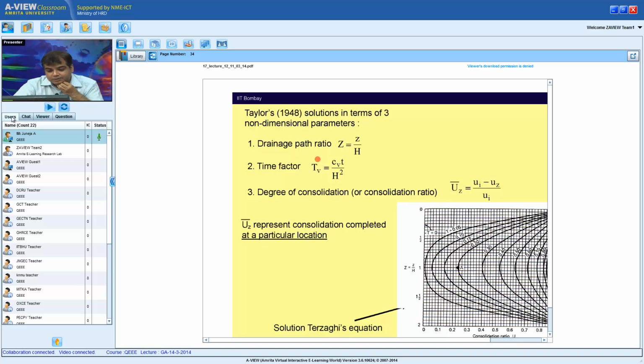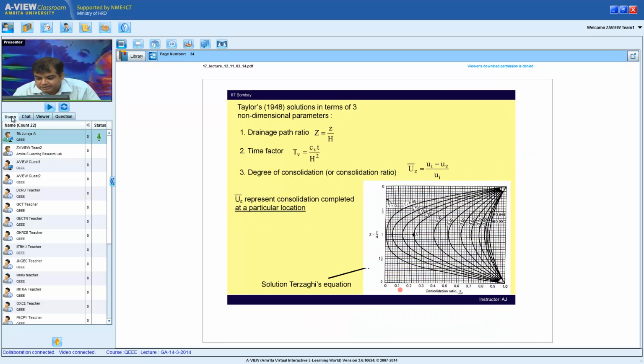So the solution to Terzaghi's equation is given in terms of this chart. Let me zoom out please. It is given in terms of this chart over here. The vertical axis is the dimensionless depth, so it varies from 0 to 2.